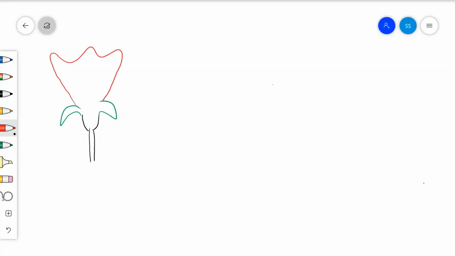So let us begin by drawing a quick and easy diagram of a flower. So we have the stalk here, pedicel, the thalamus, the green part, sepal, and the colored part, petal. Right?